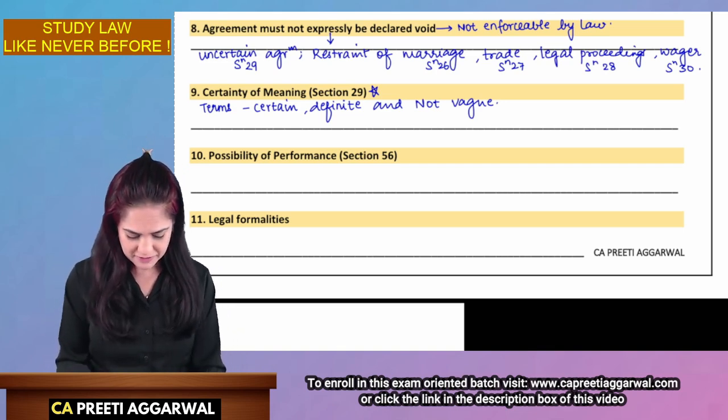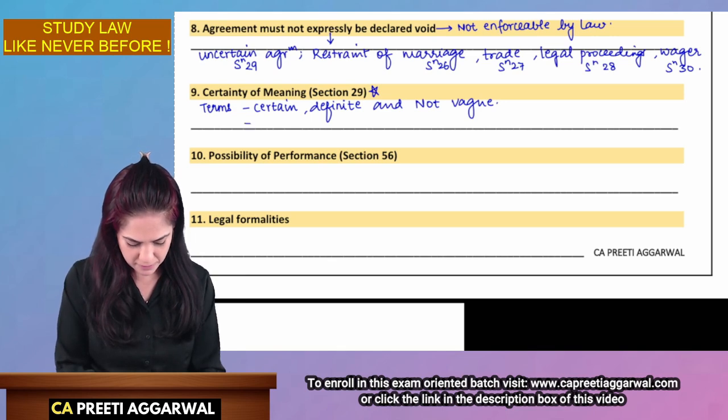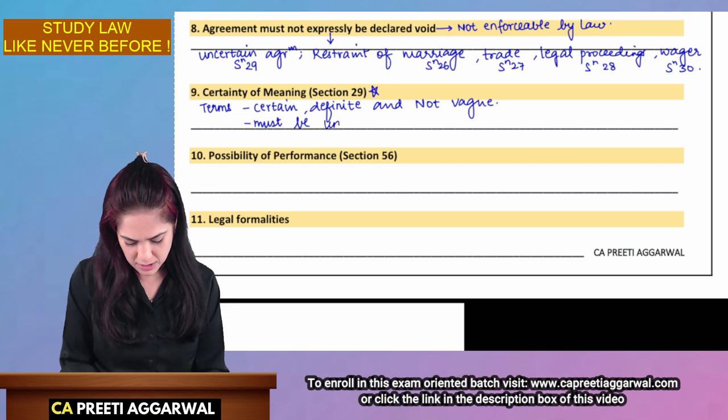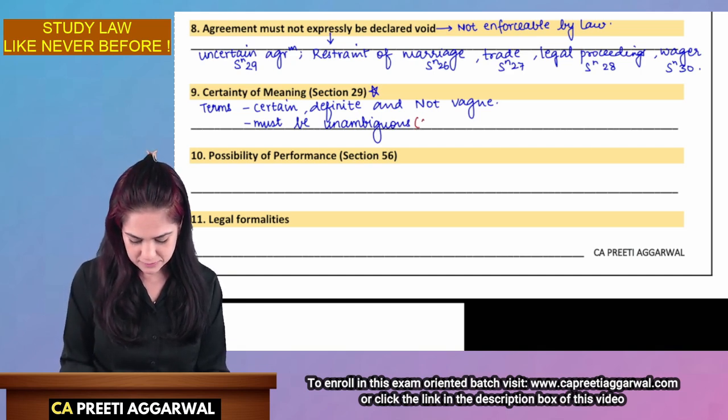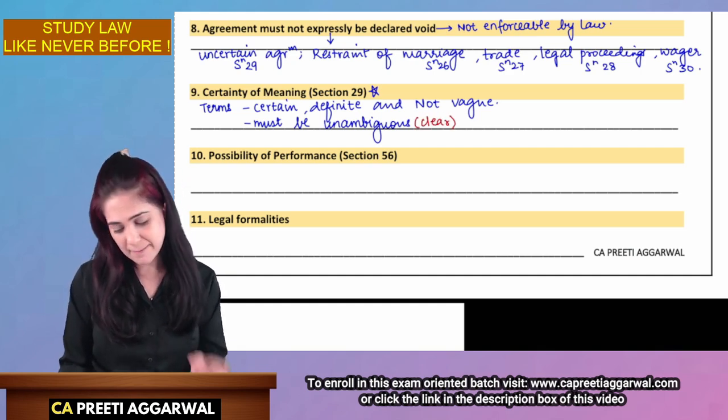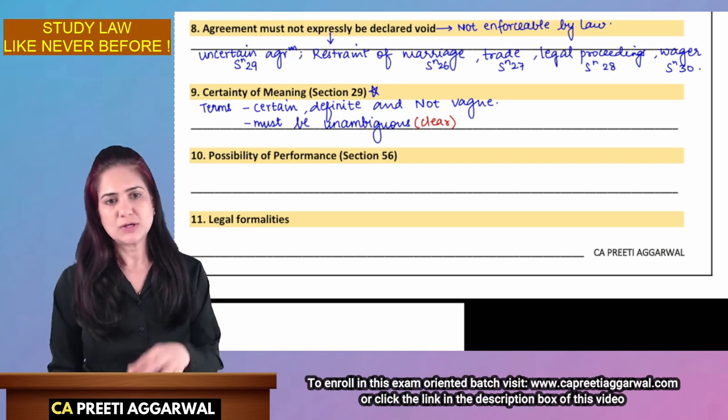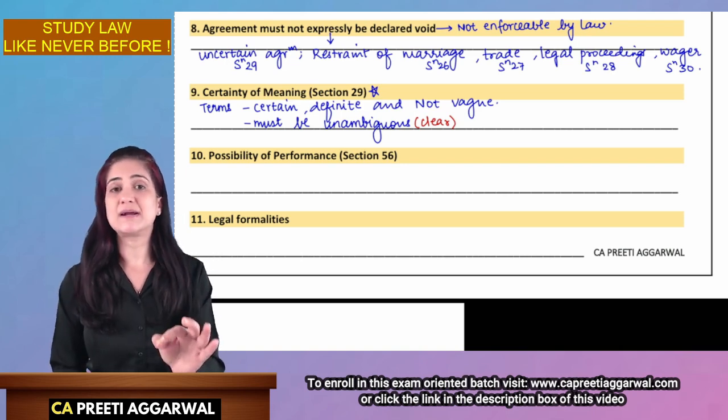For certain, definite, you can also say terms must be unambiguous. Unambiguous means clear. Ambiguous means confusing. So terms must be certain and unambiguous.